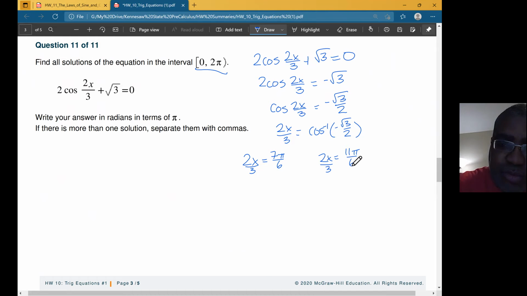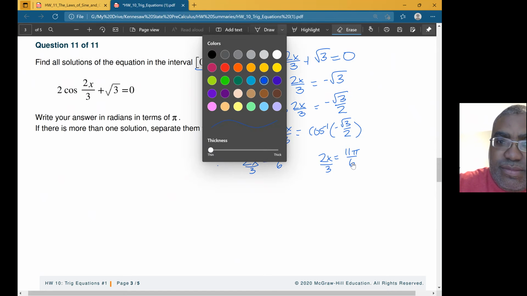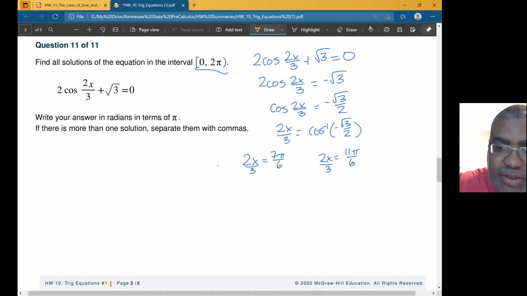So now I'm going to multiply both sides by 3 over 2. Let me change colors. I haven't changed colors once this time. That's going to get rid of my fractions, at least in front of my x, which is what I want. 3's cancel, 2's cancel. X is equal to 7 pi over 6 times 3 over 2.